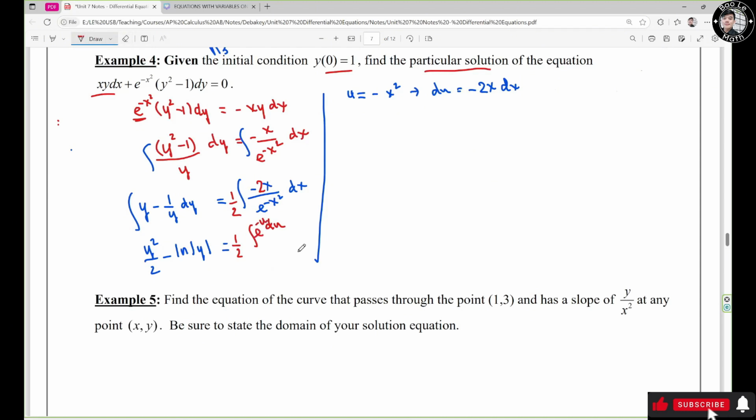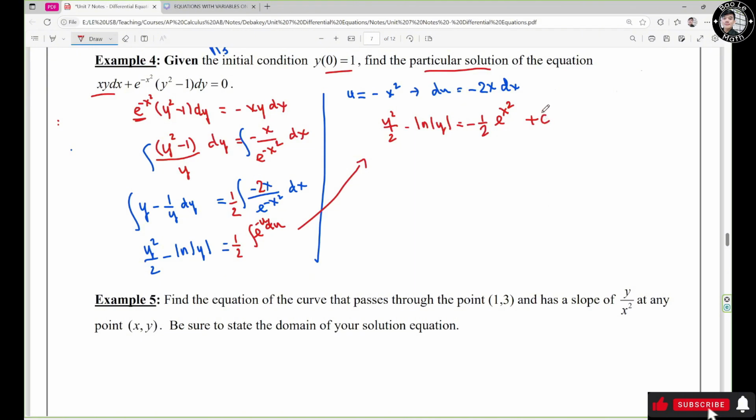So this turns out to be y squared over 2 minus natural log of absolute value of y equals 1/2. The antiderivative of this one is going to be negative e to the negative u plus c. But u equals negative s squared, so it can be s squared.